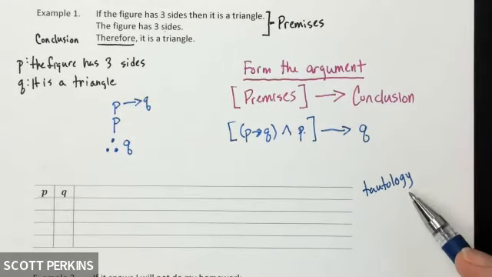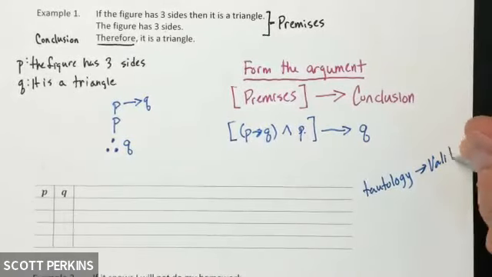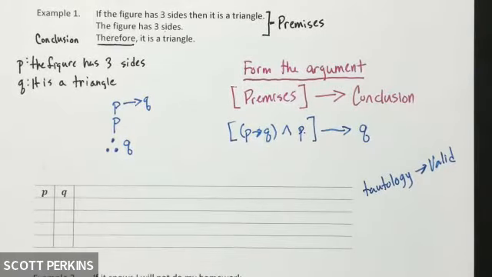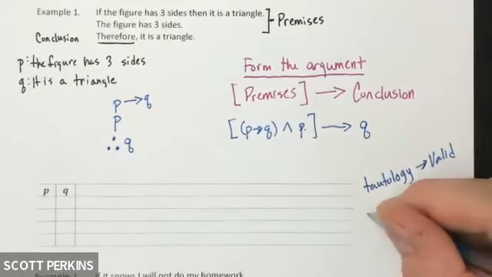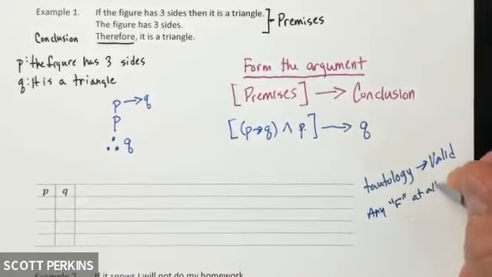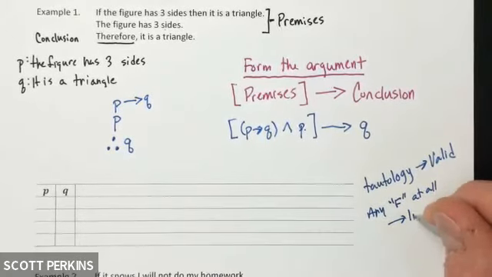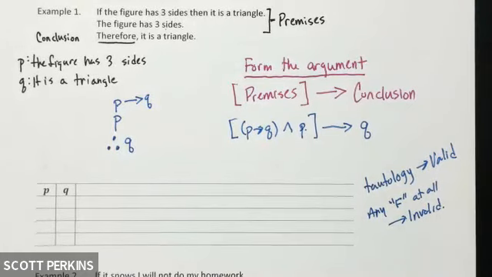Okay, if you get a tautology, then what you have, a tautology means you have a valid argument. Okay, if you don't have a tautology, if you have any F's at all, it's not valid. Okay, so if you have any F's at all, that means the argument is invalid. That's how you make your conclusion.